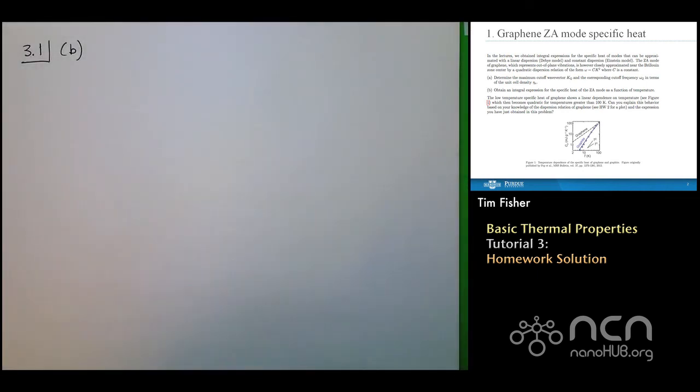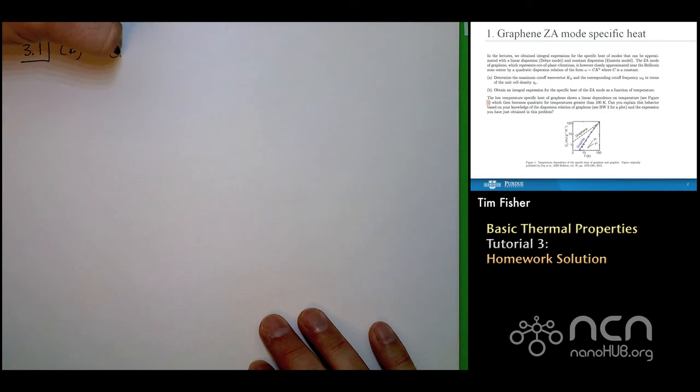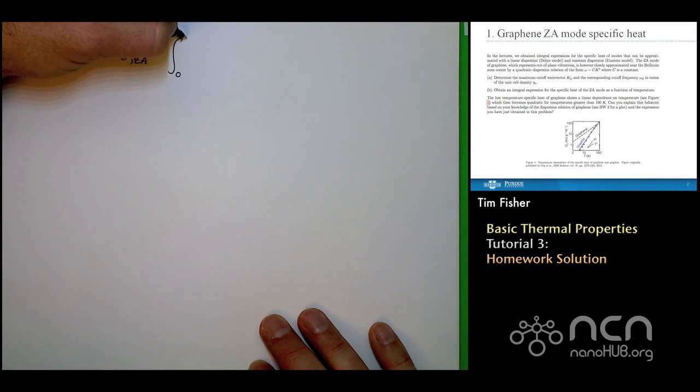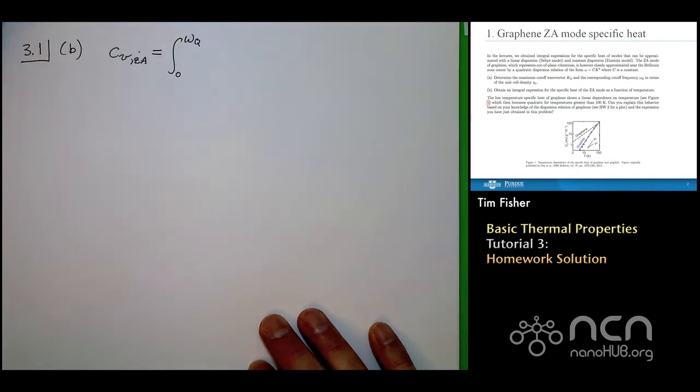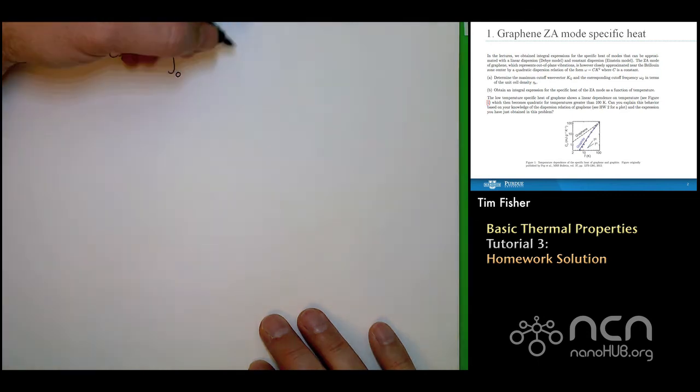So now for part B, we want to calculate the specific heat of this ZA mode. Our usual expression using this Debye type approximation, where we put an upper limit on the frequency, looks like this.